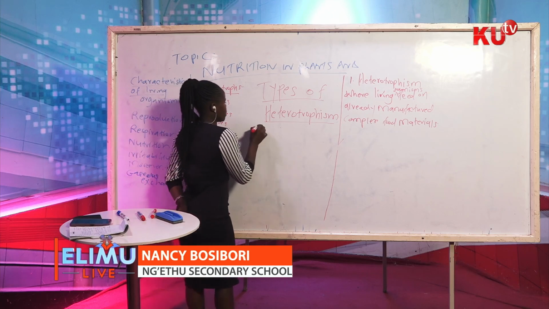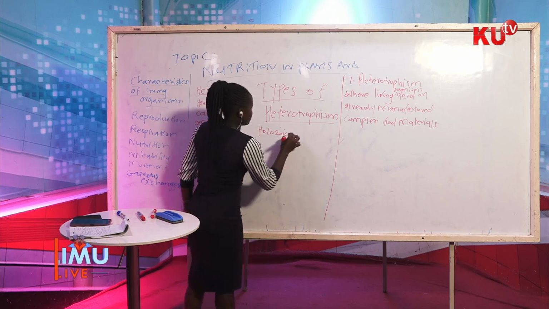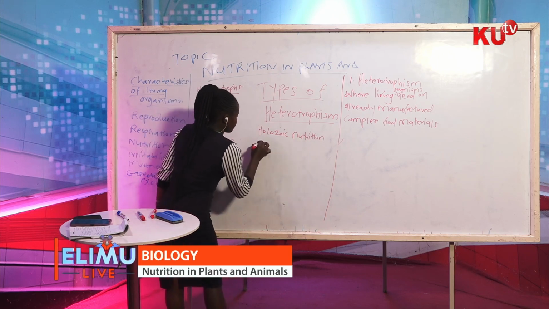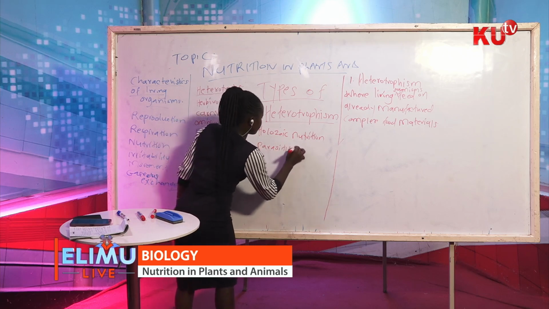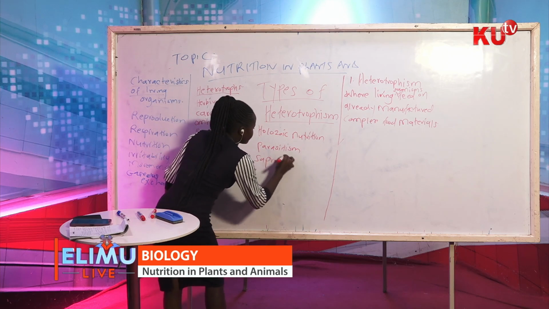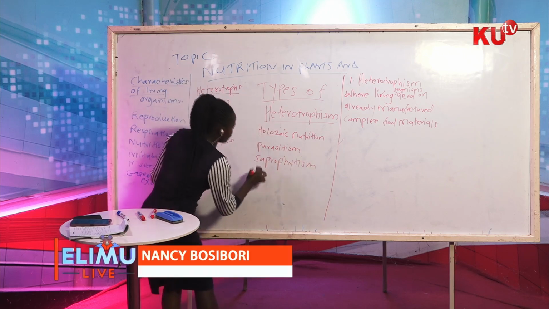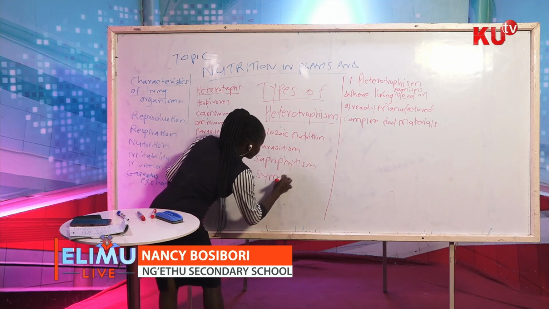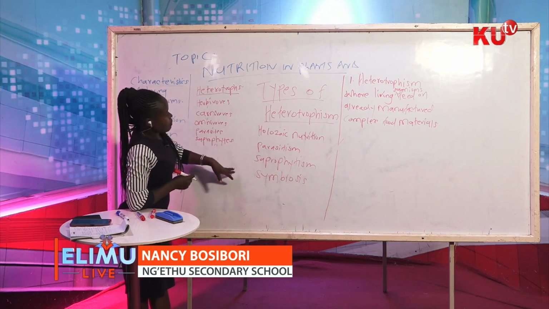And these are the types. We have holozoic nutrition. We have parasitism. We have saprophytism. We have symbiosis. And these are the types of heterotrophism.